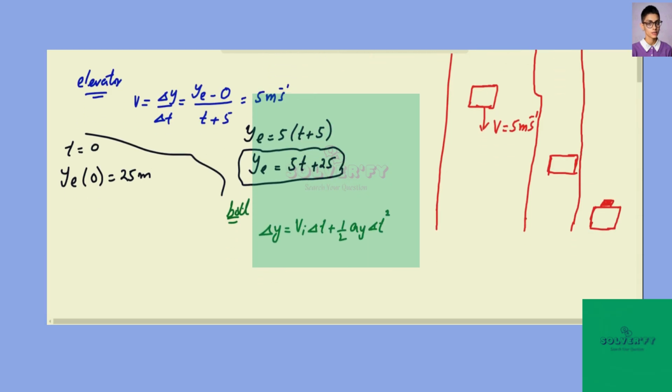Let the final position of the bolt be yb, and at t equal to 0 the position of the bolt is at origin.